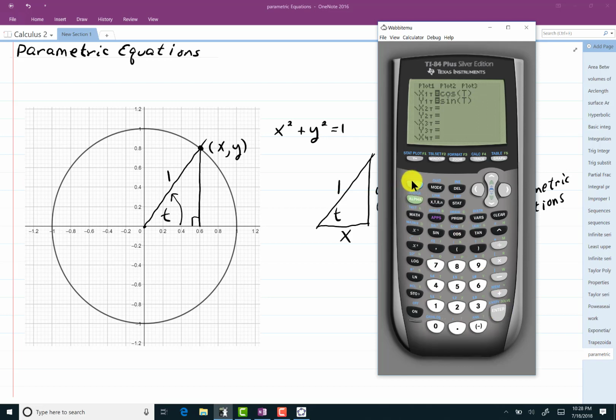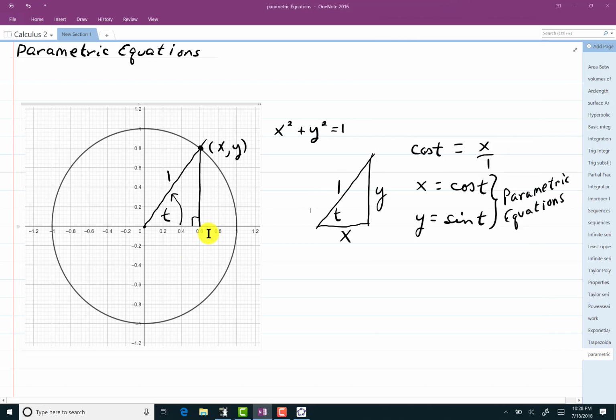Now let's take a look at the window. And let me come back to this for a second. In radian mode, the angles that we usually start with start at t equals 0 radians. But as you go around, when you get up to here, this is t equals pi over 2.